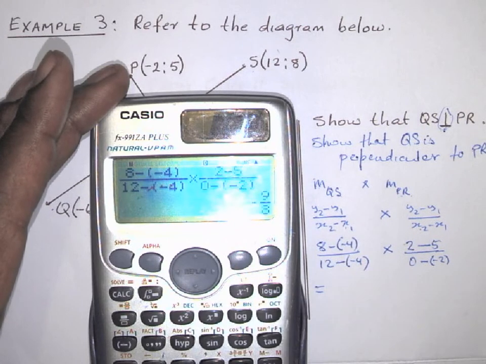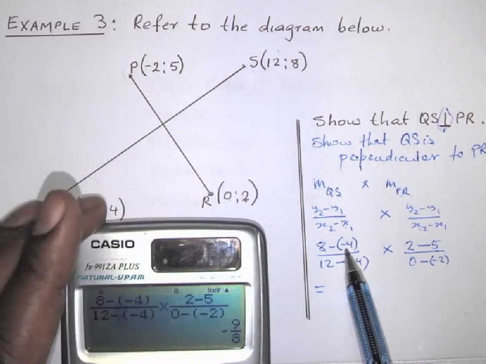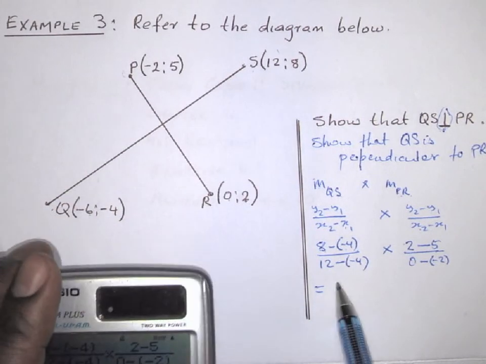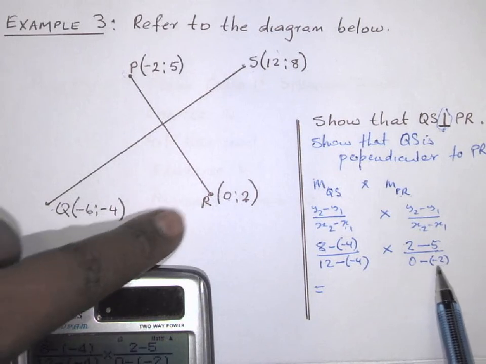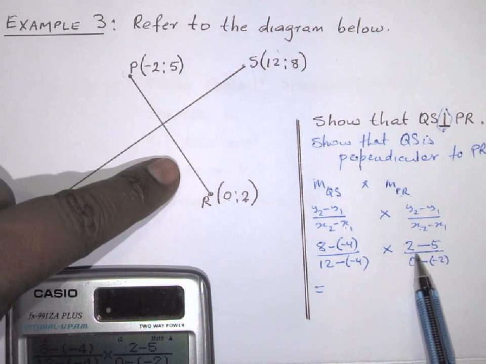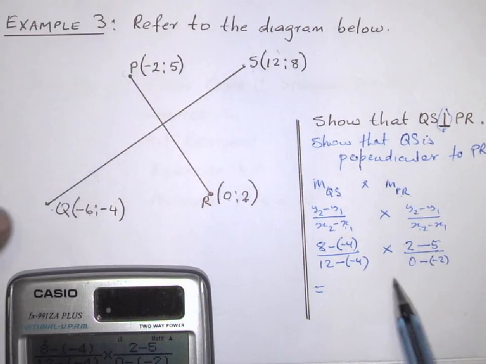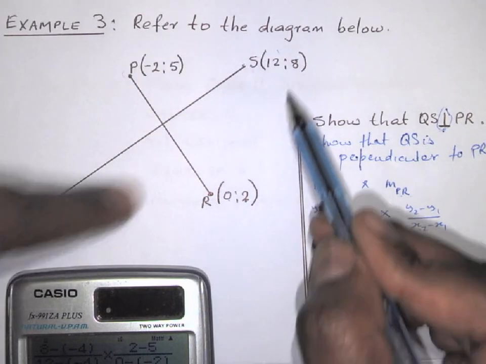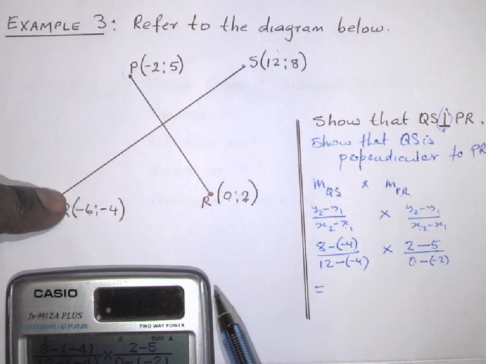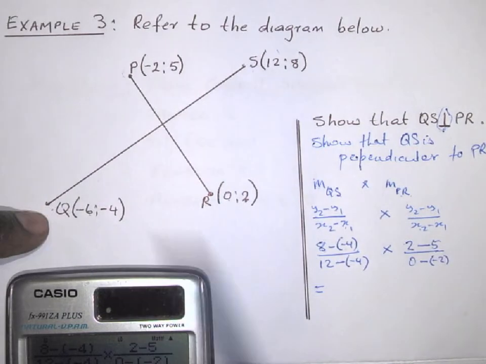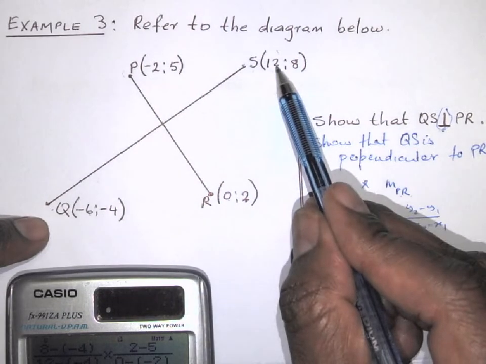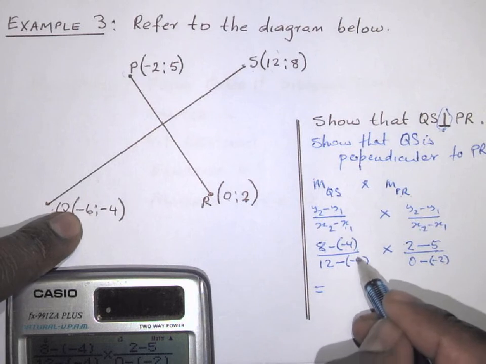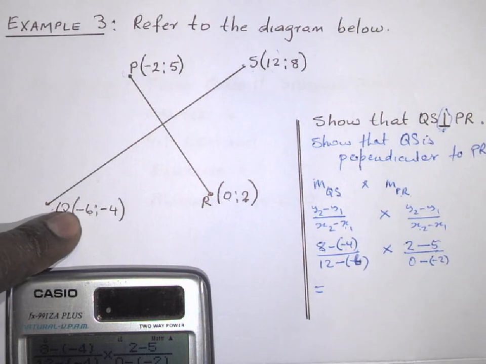What's my answer? For QS, 12 minus minus 6, that is minus 6, I'm sorry, over there, minus 6.